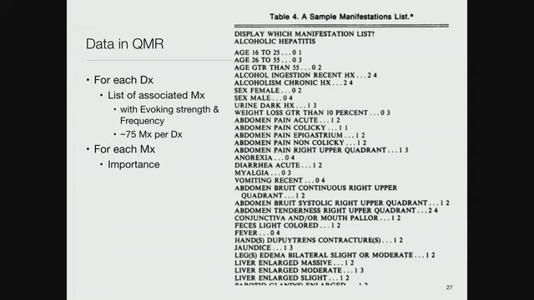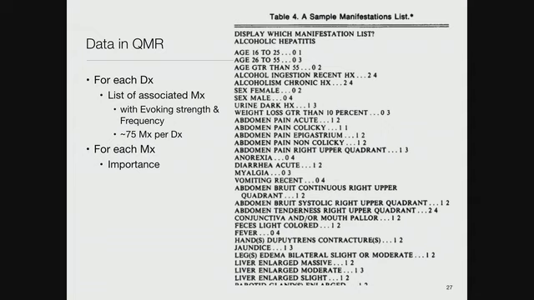So, for example, what this says is that if you're anorexic, that should not make you think about alcoholic hepatitis as the disease, but you should expect that if somebody has alcoholic hepatitis, they're very likely to have anorexia. So that's the frequency number. This is the evoking strength number, and you see that there's a variety of those.